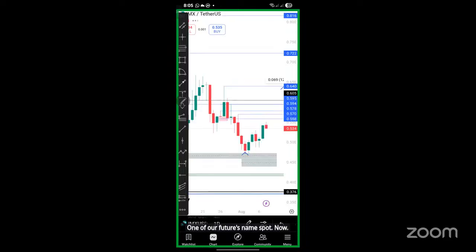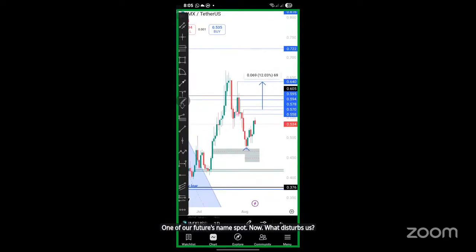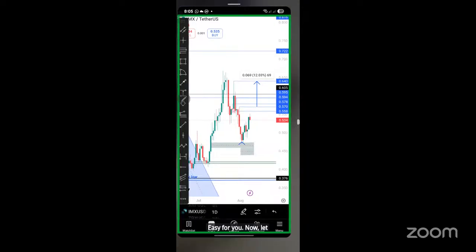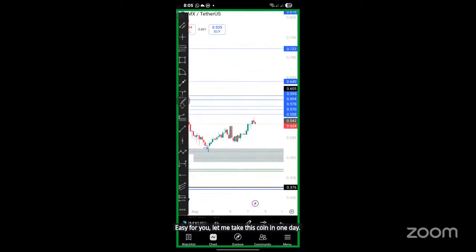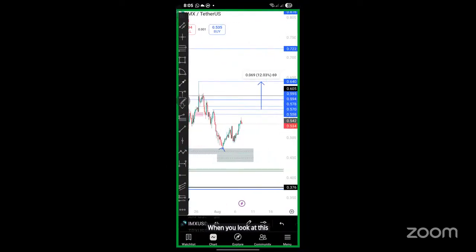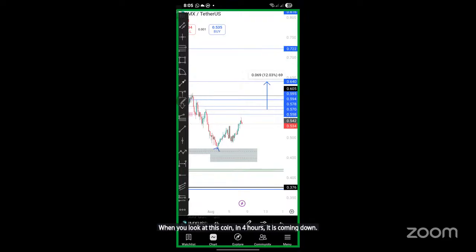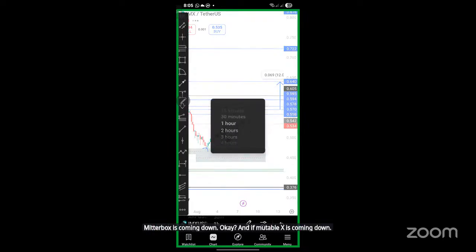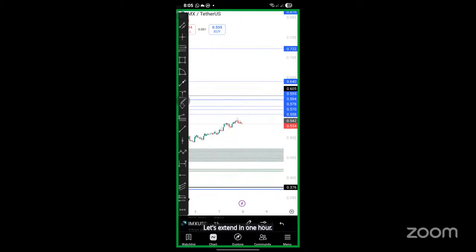Now let me take this coin in one day. When you look at this coin in 4 hours, it is coming down. Mutable X is coming down. And if Mutable X is coming down, let's extend to 1 hour. This is what is happening in 1 hour. It is coming down.